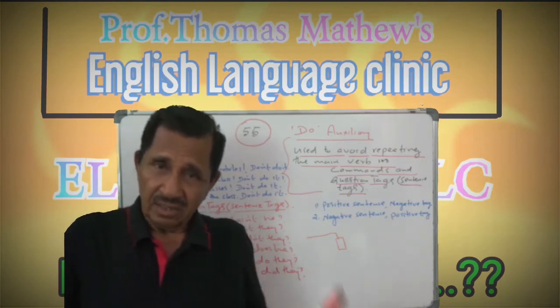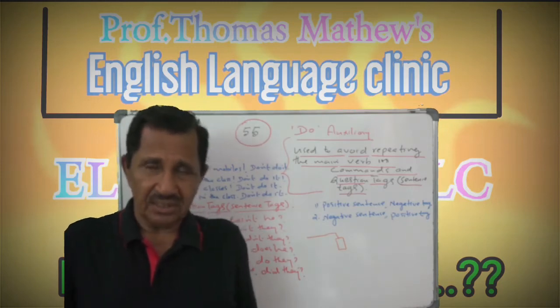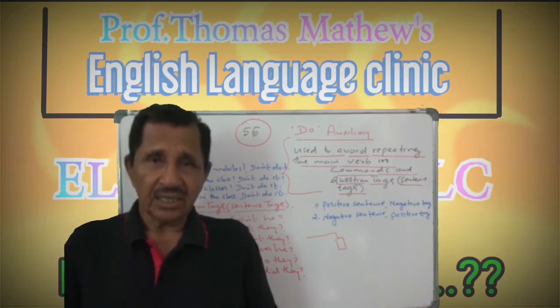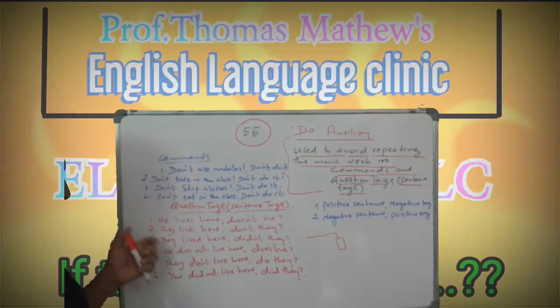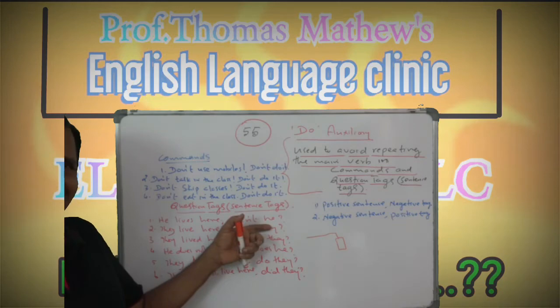If the verb is plural, then you have do in the present tense. In the past tense, of course, singular or plural, you have did or didn't. As you can see in this example, he lives here, positive, doesn't he? Negative tag.